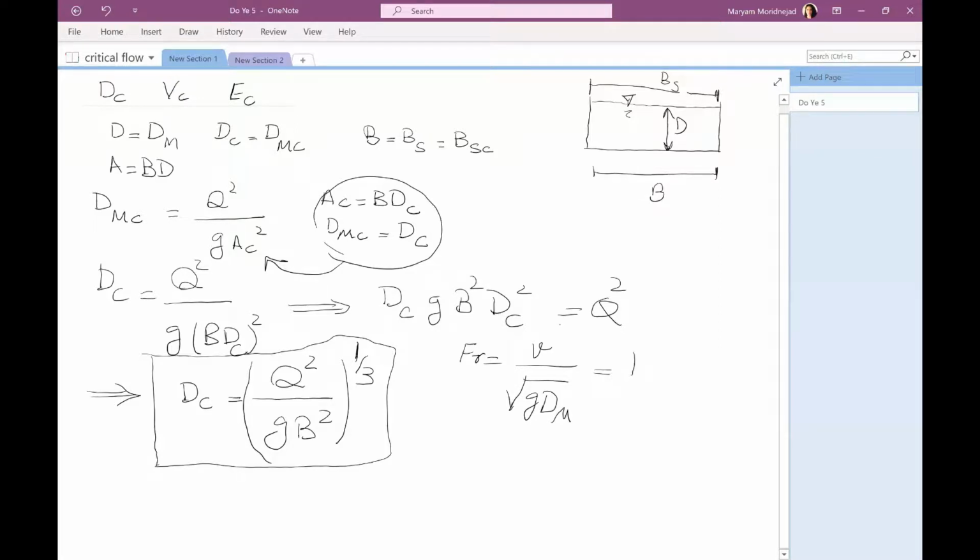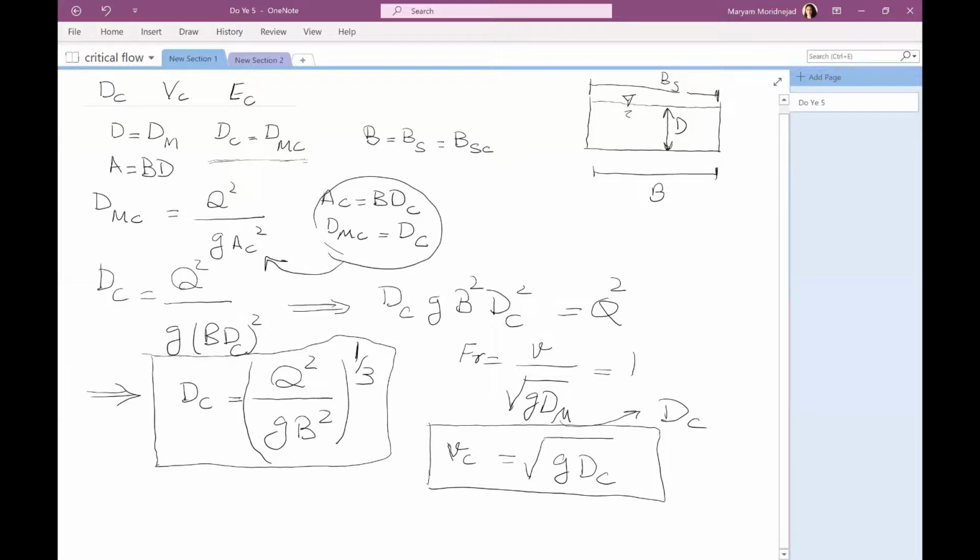So in critical flow, V is basically VC, or critical velocity, and we know that dN equals DC, since DMC equals DC. So we can simply put DC instead of dN. So we will have VC equals the square root of G DC. So here we can simply find the critical velocity in a rectangular channel.